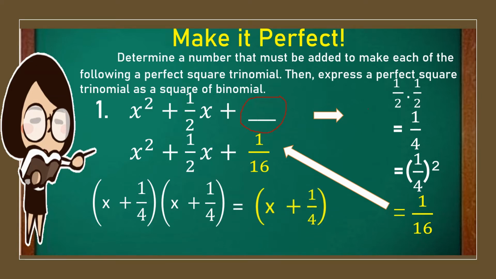And the square of binomial is x plus 1/4 quantity squared. So, this is the last term, and this is the square of binomial. Okay guys, naintindihan ba?